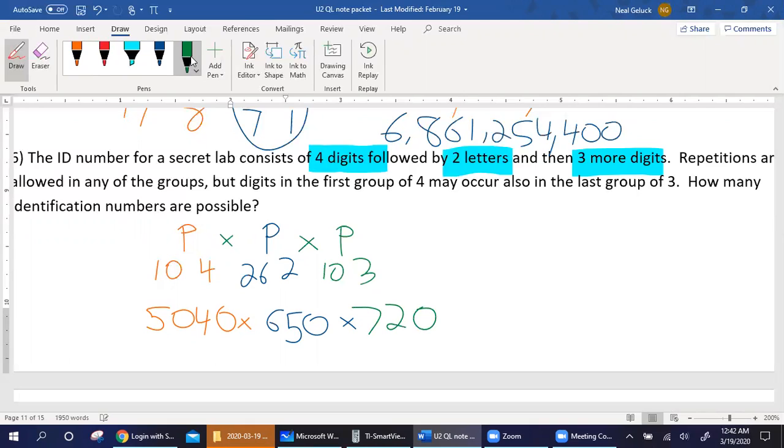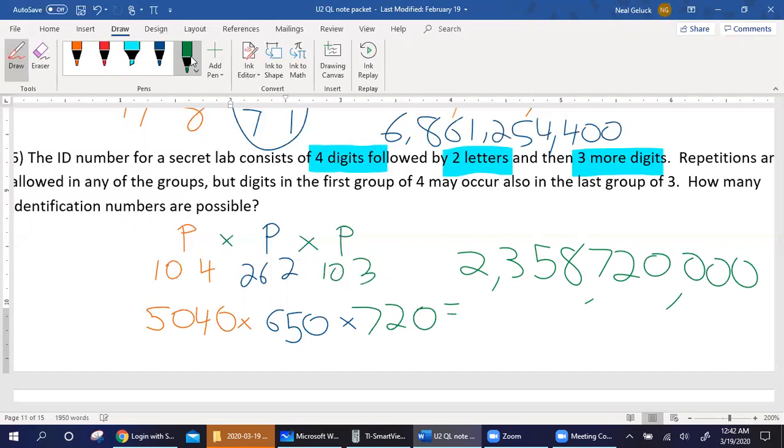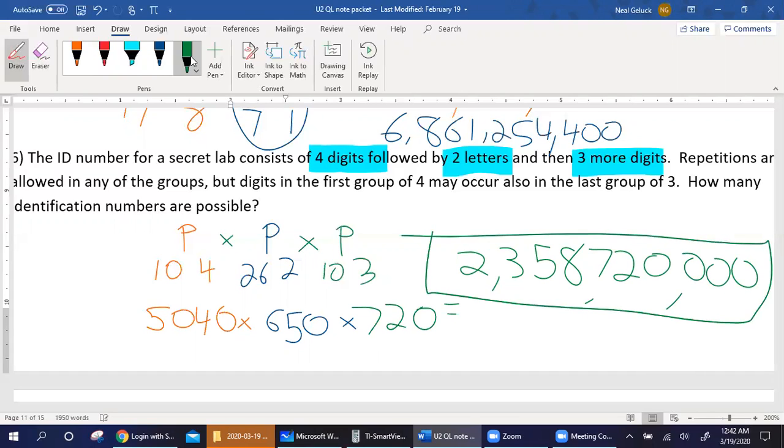I'm going to multiply all those together. Notice we'd be getting a lot of big numbers. This is going to give you 2,358,720,000. So it's hard to crack the code for the secret lab. There's a lot of different options.